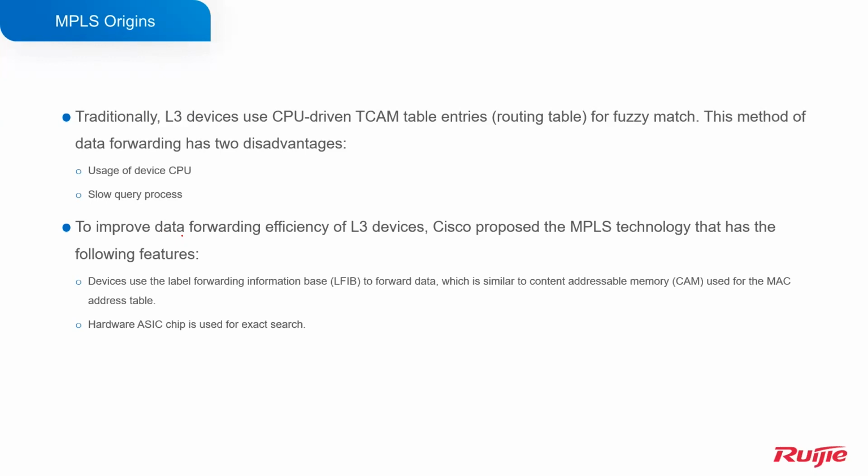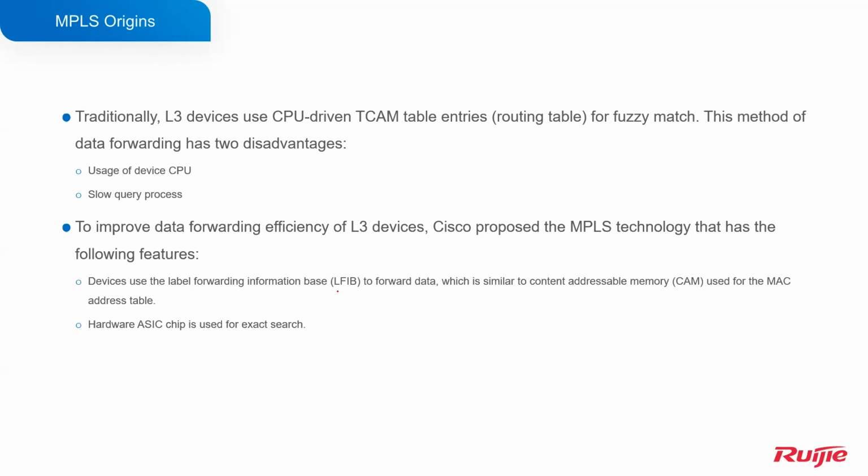With MPLS technology, all the network devices use a new forwarding table, which we call LFIB, to forward the message. This table is very similar to how a layer 2 device forwards the message according to the MAC address table. The MAC address table principle is that I take the destination MAC address to match the MAC address table.